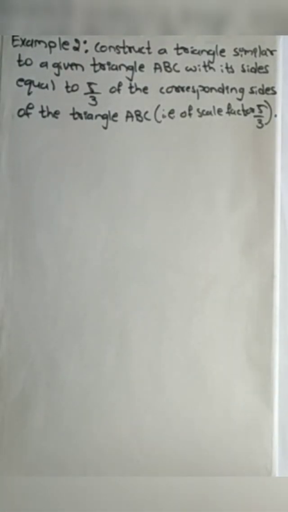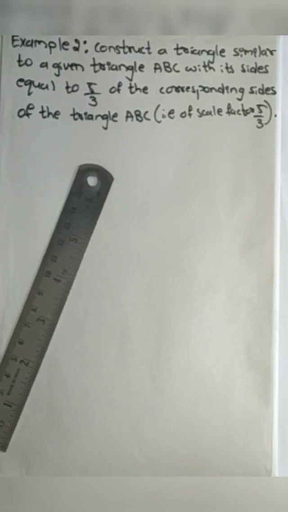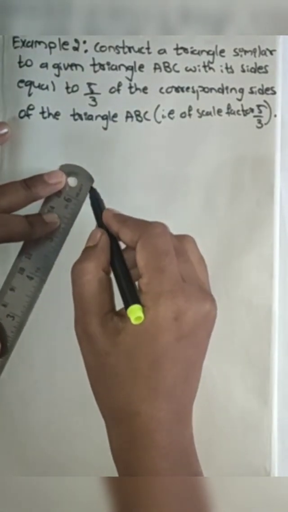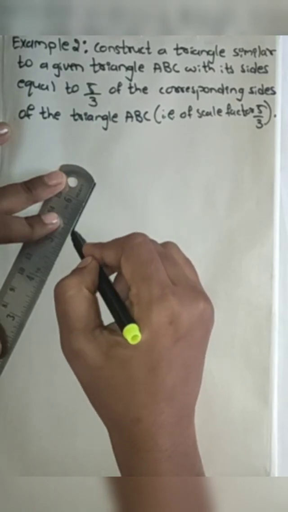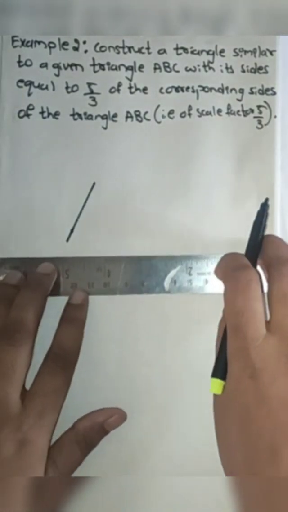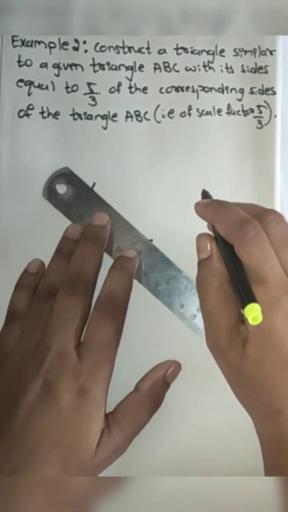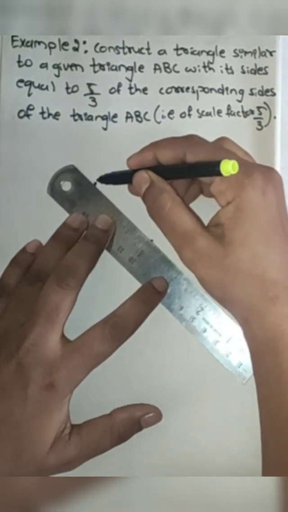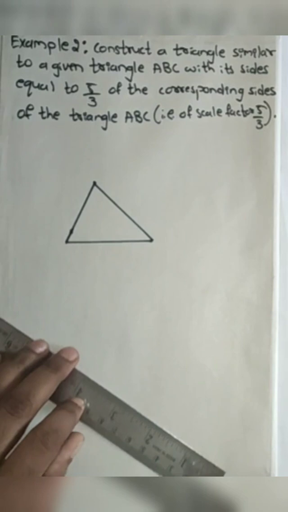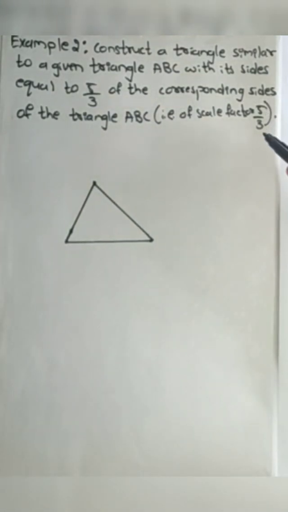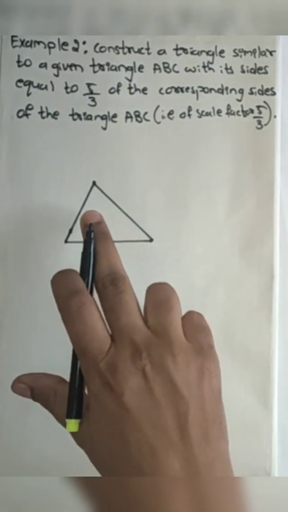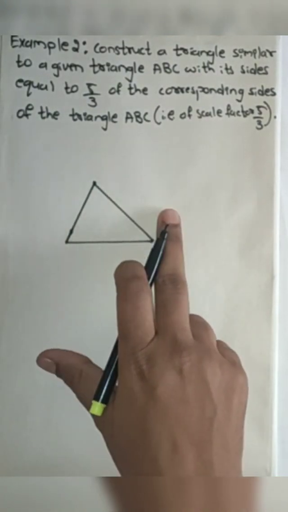You should make your own construction of the triangle ABC. Now, scale factor of 5 by 3. When you divide this, are you getting more than 1 or less than 1? Greater than 1. So our required similar triangle will come outside the given triangle.